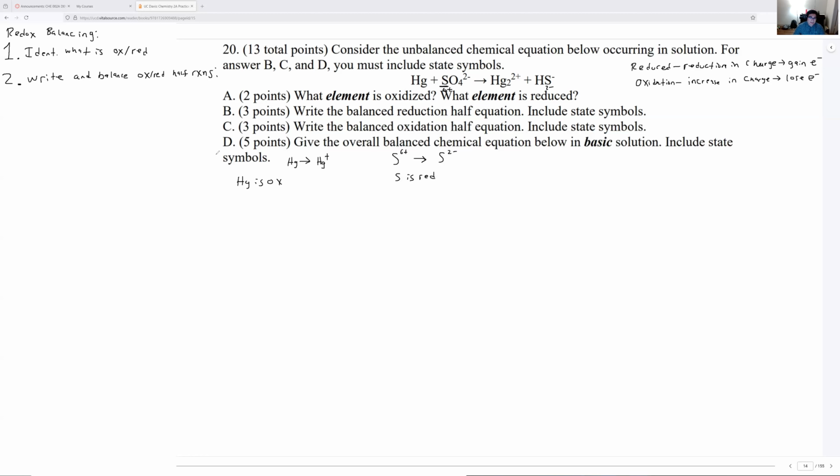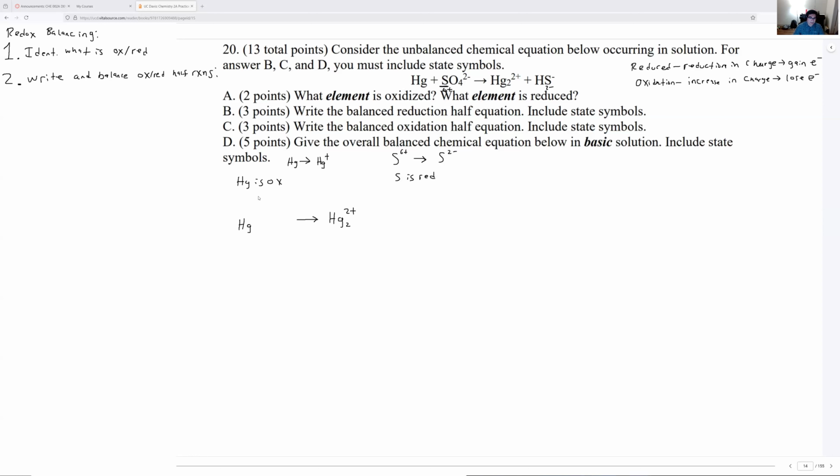So how do you do this? Well, the first thing you're going to do is start with a reactant. I'm going to leave some space here, and then write the product that it turns into. So I'll start with the Hg, I'll just write it on the left here. That's good. And then I'll write the sulfur right now too.